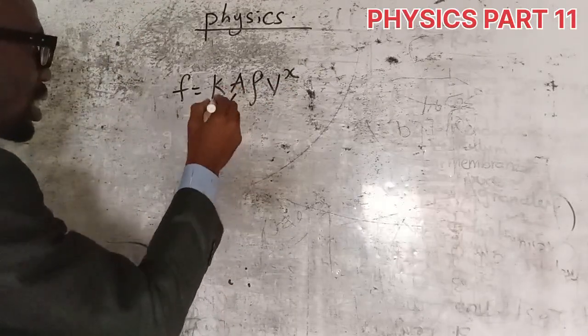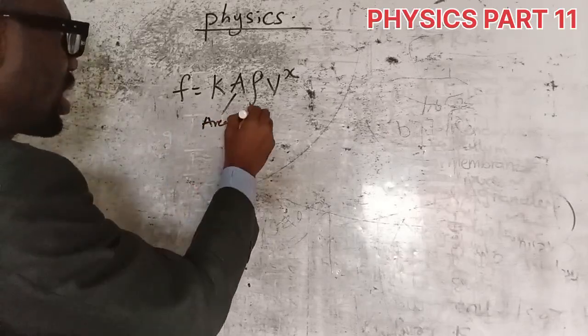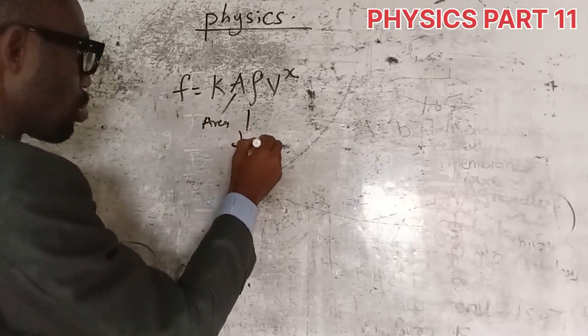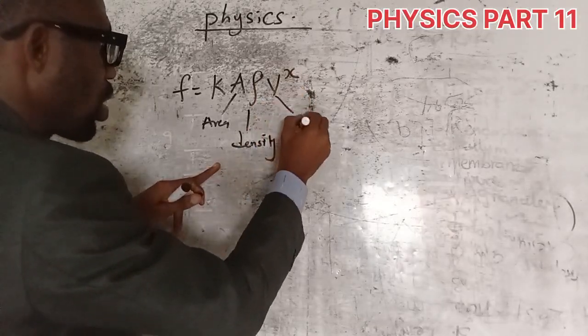This is your area, this is density, and this is your velocity.